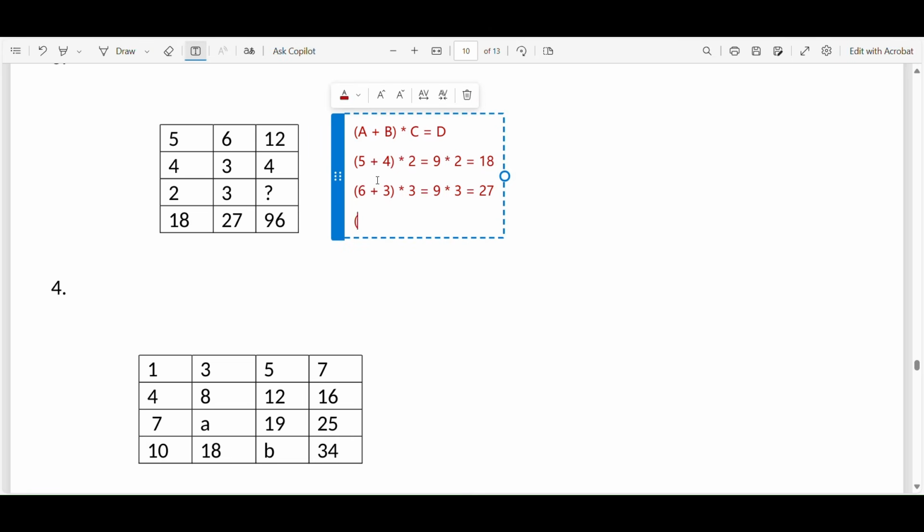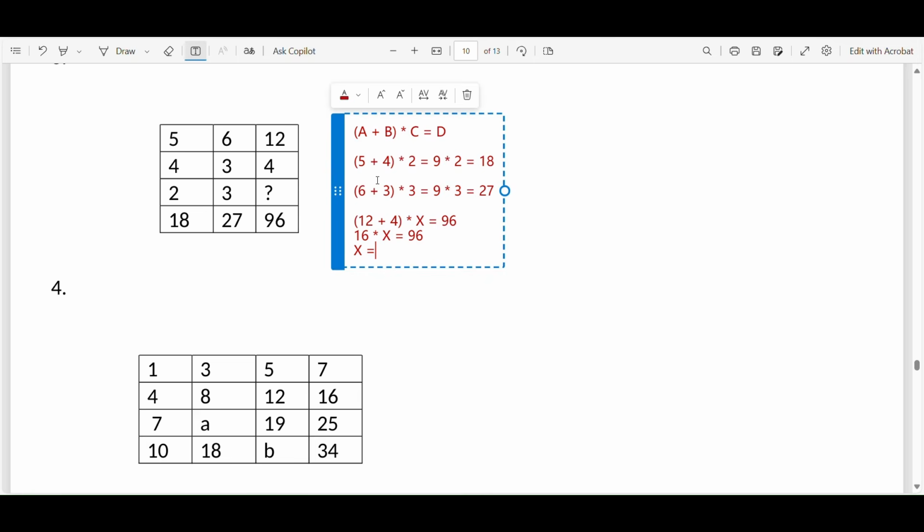And the next one, now we are having 6 plus, oh not 6, right? It is 12. 12 plus 4 into some x, consider it as x, equals 96. So when you calculate this and find out x, what is 12 plus 4? 12 plus 4 is 16, into x will give you 96.